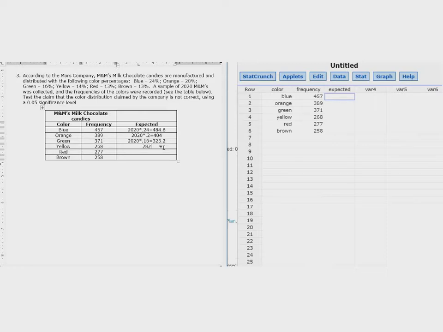So that would be 282.8. For the red, it's times 0.13. And for the brown, it's the same one because it's times 0.13. Okay, so I'm going to take all of those numbers and enter them over here.